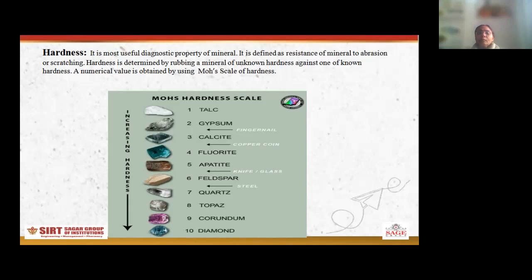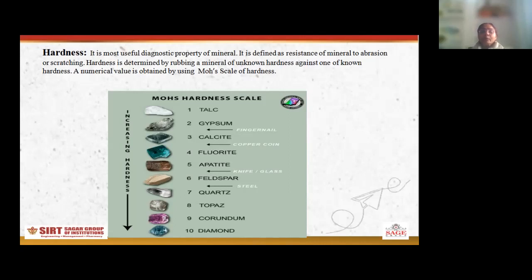Then on the third rank, calcite will be there, and it will not be scratched by a nail; it will be scratched by a copper coin. Fluorite has hardness 4, and fluorite and apatite are scratched by a knife point or a glass plate. And number 6 is feldspar.